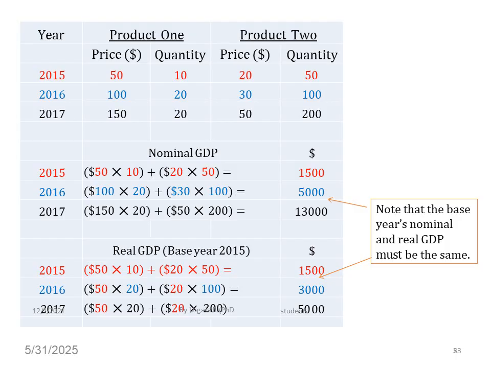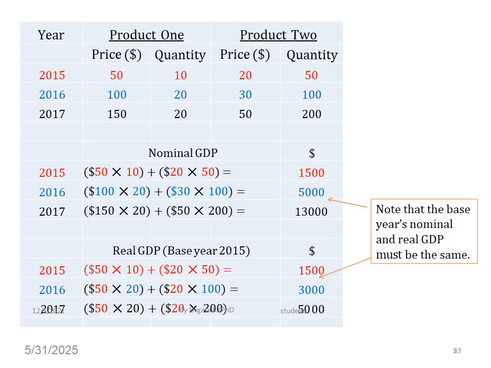Now let us calculate nominal GDP and real GDP. First of all, to calculate nominal GDP and real GDP, we have to have a base year price or constant year price, as we said before. Note that the base year's nominal and real GDP must be the same.